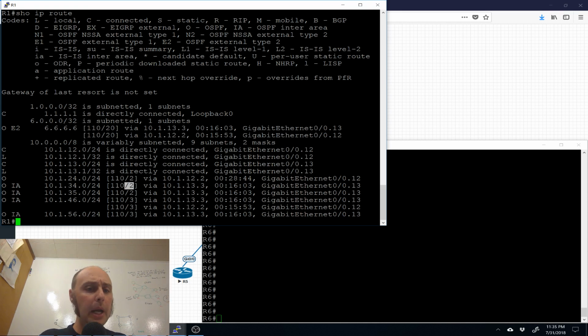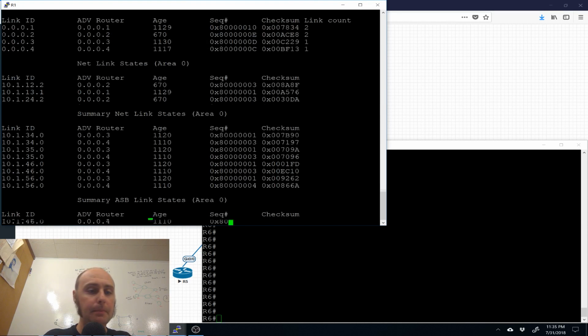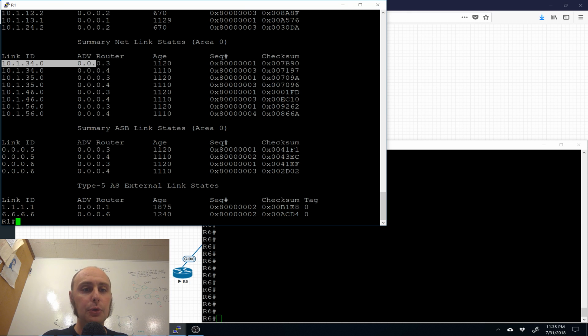But if we remember back when we saw the summary LSAs, we had 2 summary LSAs. Show IP OSPF database. We have 2 summary LSAs. So I'm going to call it the prefix of, or the link state ID rather, for the network 34 in the third octet is being advertised into area 0 via router 3 and router 4.